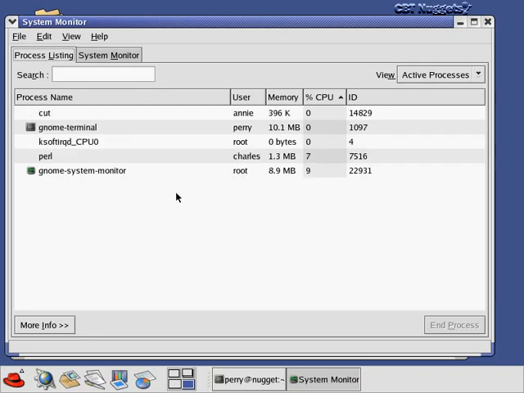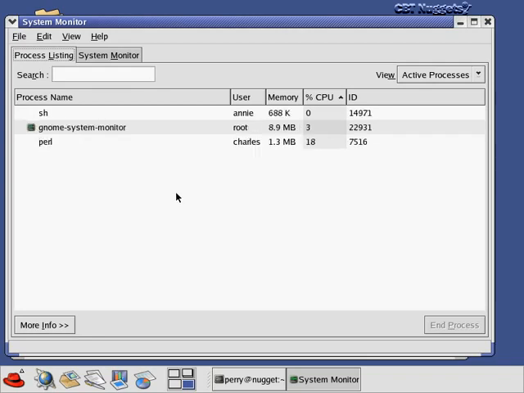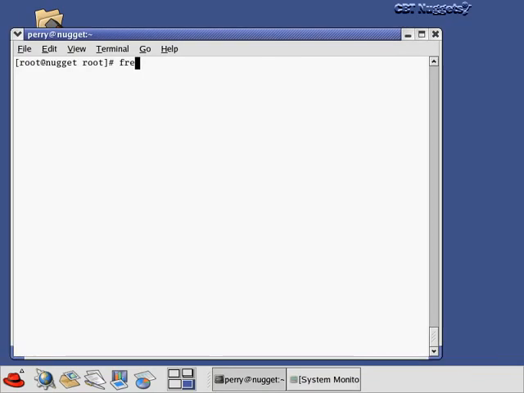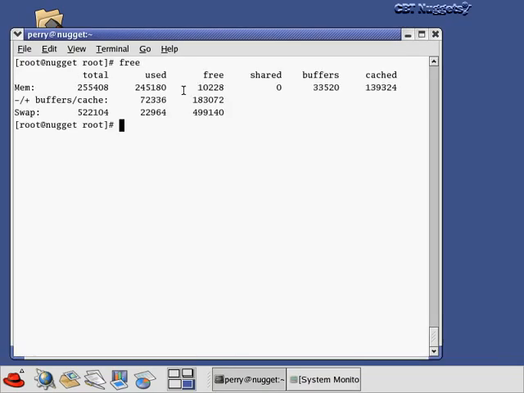Now we're going to go ahead and look at another command called free. The free command displays memory usage on the system. Okay, so the first line here, we're talking about physical memory. All right, so here's the total amount of RAM in our system, and then this is the amount of RAM that's being used, and this is the amount that's free. Now notice that these two numbers, when you add them together, add up to this number over here on the left.